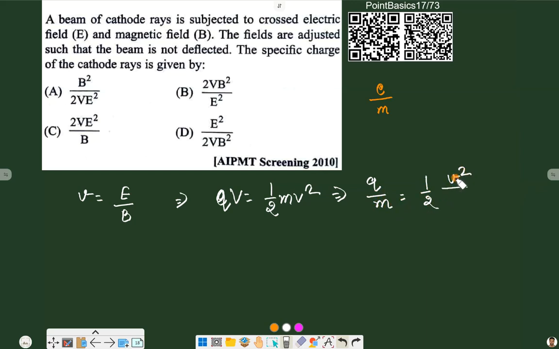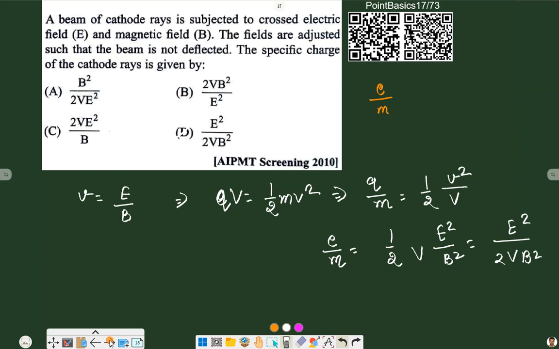Small v is velocity here and capital V is the potential here, and the value of small v, that is velocity, is E by B. So charge by mass will be half of 1 by V into E square by B square, so E square by 2VB square. That is option D for us.